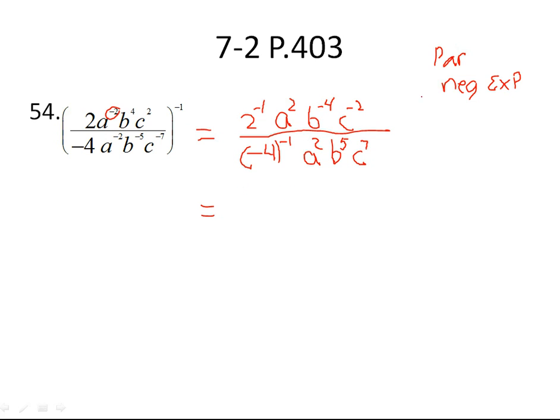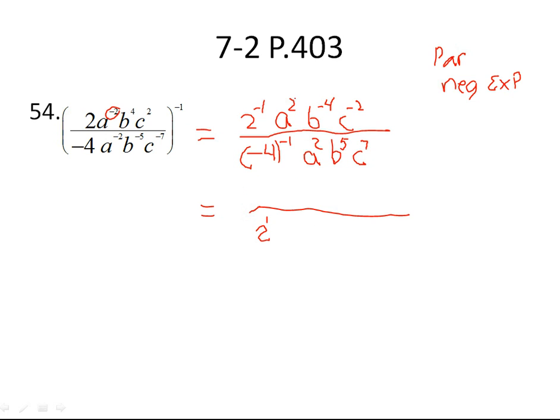So we're going to take each of these factors and decide whether they stay or go to the other side. So 2 to the -1, that's a negative exponent, so it's going to go on the denominator and become positive. So 2 to the 1.